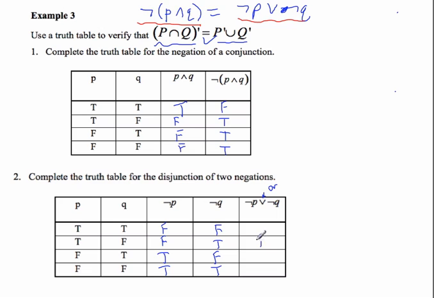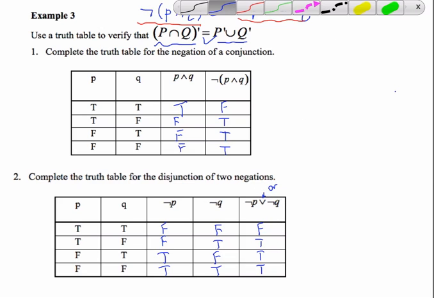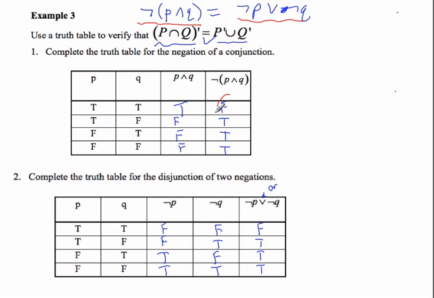So this is true, true, true, and false here because neither of these are true. So there are our truth values for not P or not Q. And notice that the truth values for this statement and the truth values for this statement are the same. So we say that these are logically equivalent.